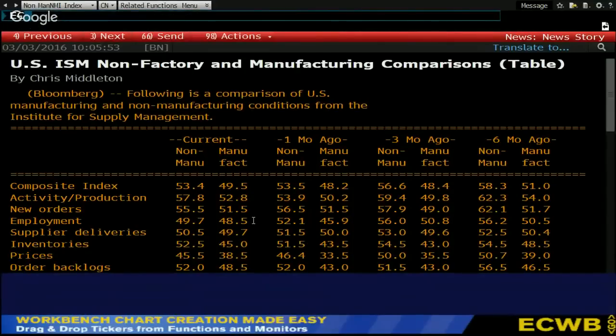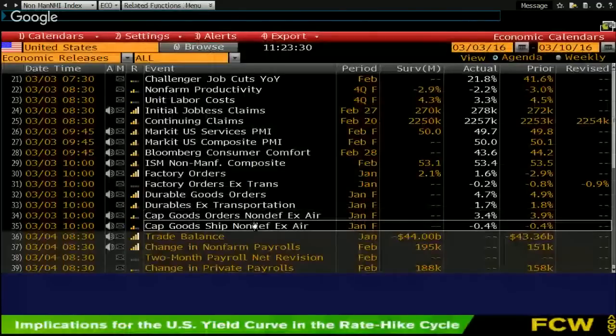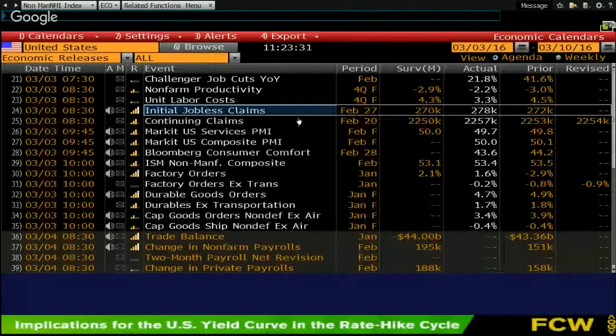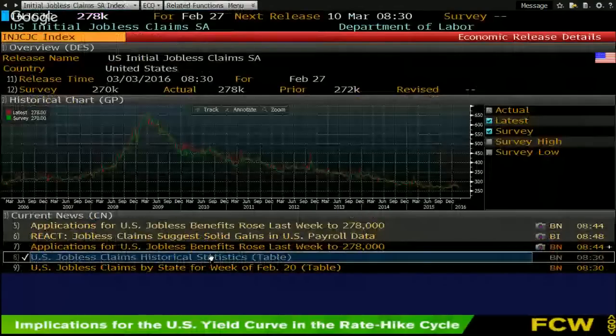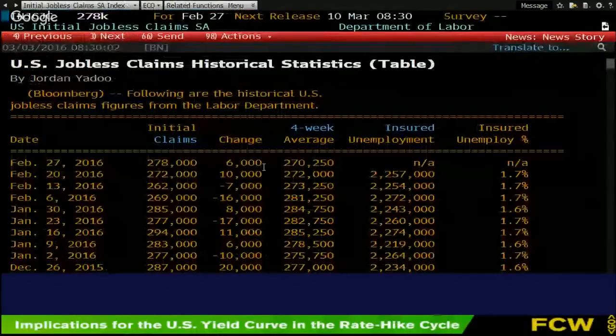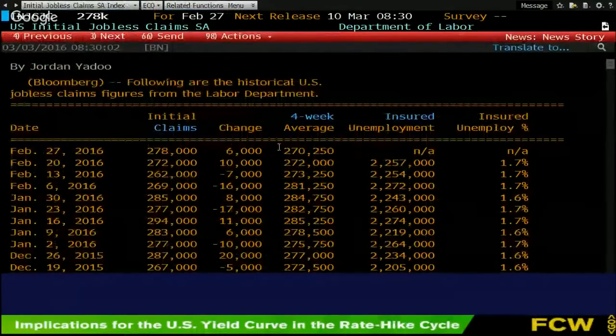But what else do we have? Today, we also had jobless claims come out and continuing claims. I already read this article because I was looking at it this morning when it came out. The 4-week moving average basically dropped from 284,000 to 270,000. So this is an improvement and definitely signals stronger payrolls.